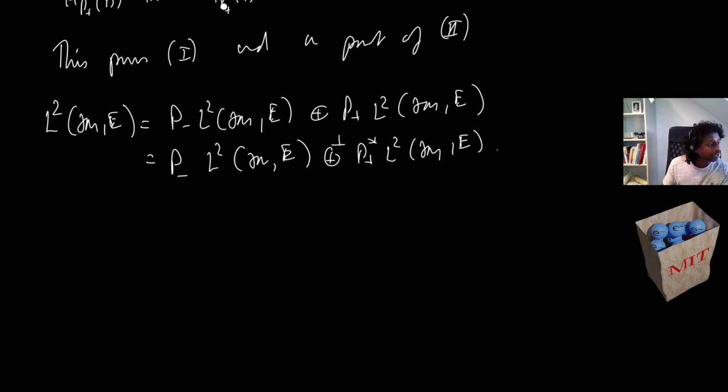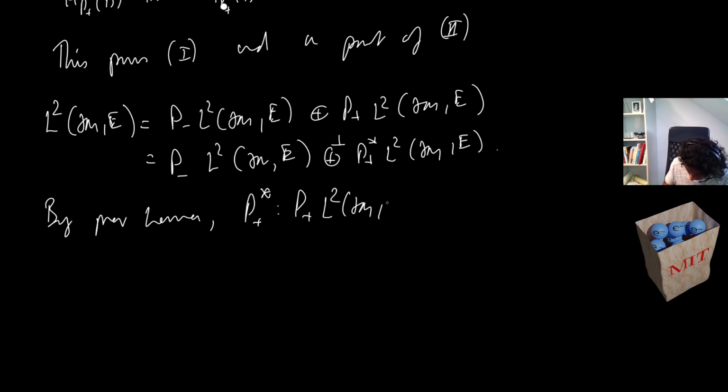So by the previous lemma, we have that P plus star is an isomorphism from P plus of ∂ME to P plus star L2 ∂ME. Okay, this is an isomorphism.